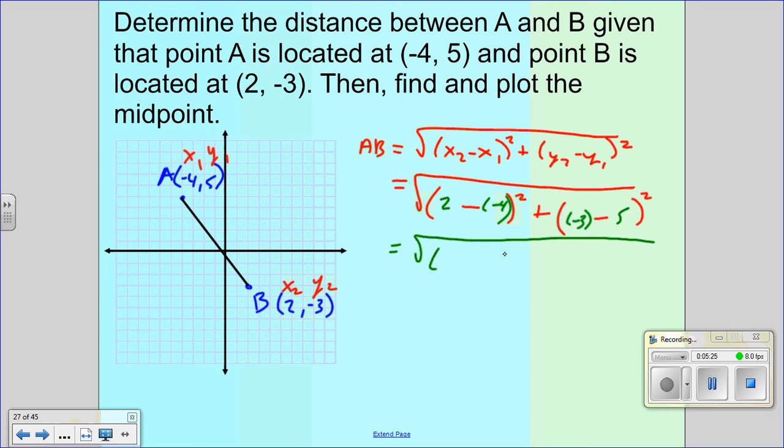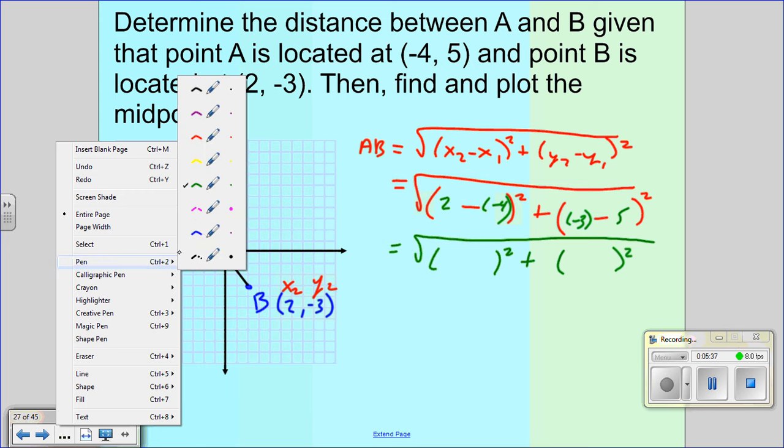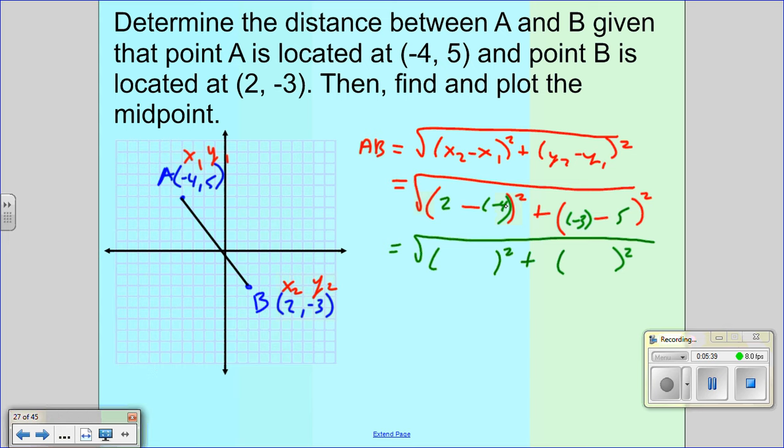The first stage is to combine the like terms in the parentheses. In the first set, it says 2 minus negative 4. We talked about double negatives already. So that's 2 plus 4, which is 6.